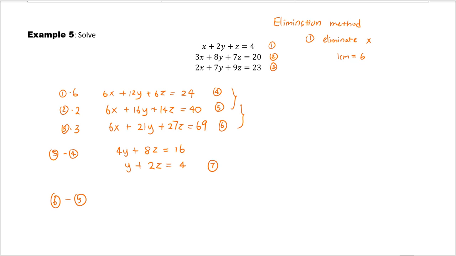6x cancel. 21 minus 16 is 5. So 5y. 27 minus 14 is, let's see, 27 minus 14 is 13z equals 69 minus 40 is 29.